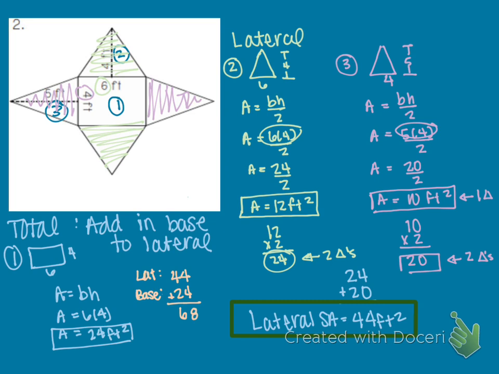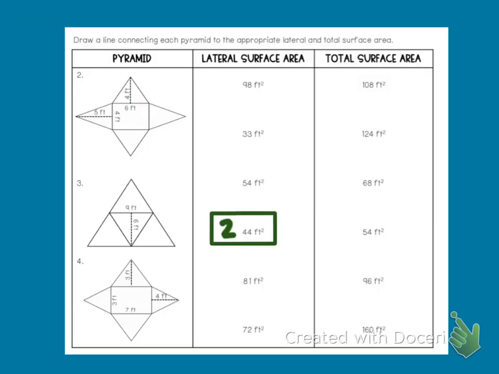And so that is 68 feet squared for your total. Okay, so let's go back. And 68 feet is right here. So I'm going to put a 2 by it and kind of box it so I close it off from the rest. And so this one is done. It's a check. Done.